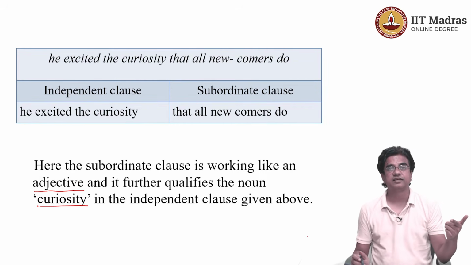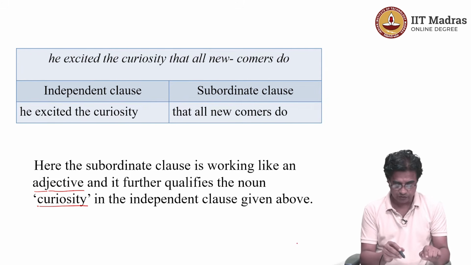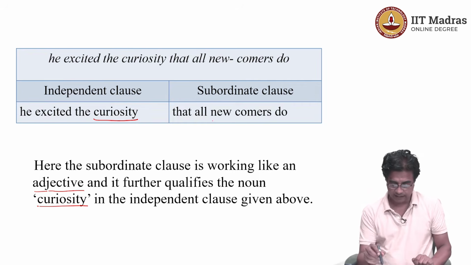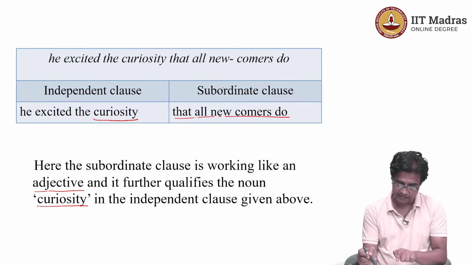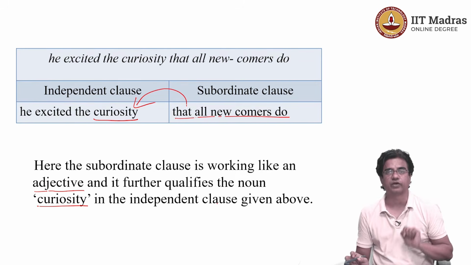So, this is the answer that I was asking you to find out before. So, he excited the curiosity, here is the noun, and that all newcomers do has adjectival function, and this modifies the noun curiosity in the independent clause.